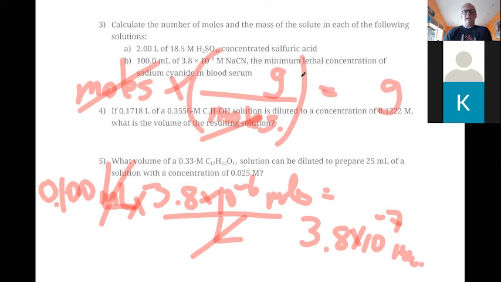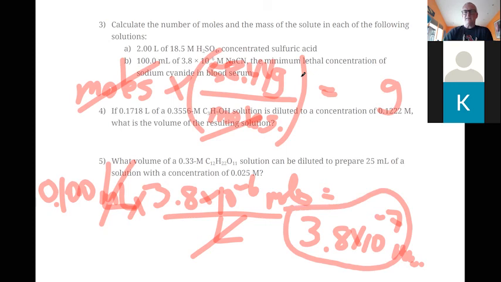So the molar mass is what, 23 plus 12 plus 15. So what is it? 58.44. Okay, so you multiply 3.8 times 10 to the minus 7 times 58.44.